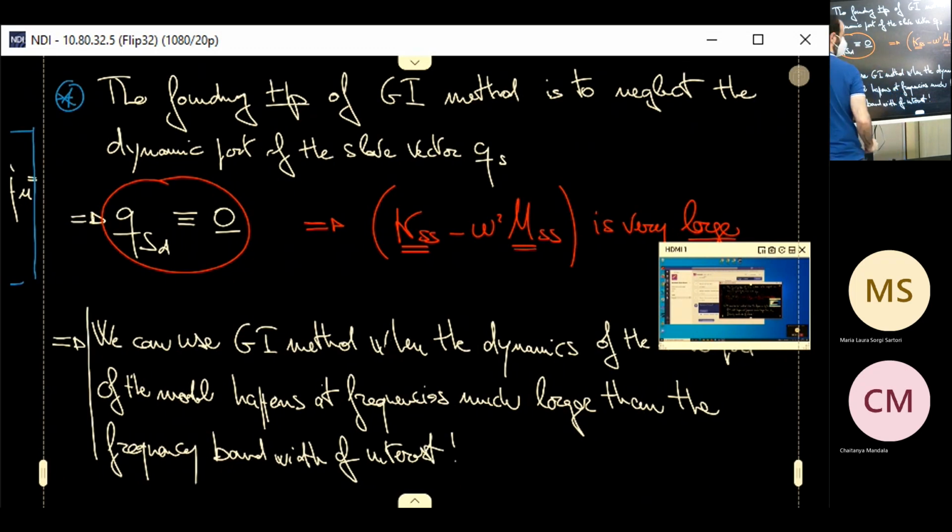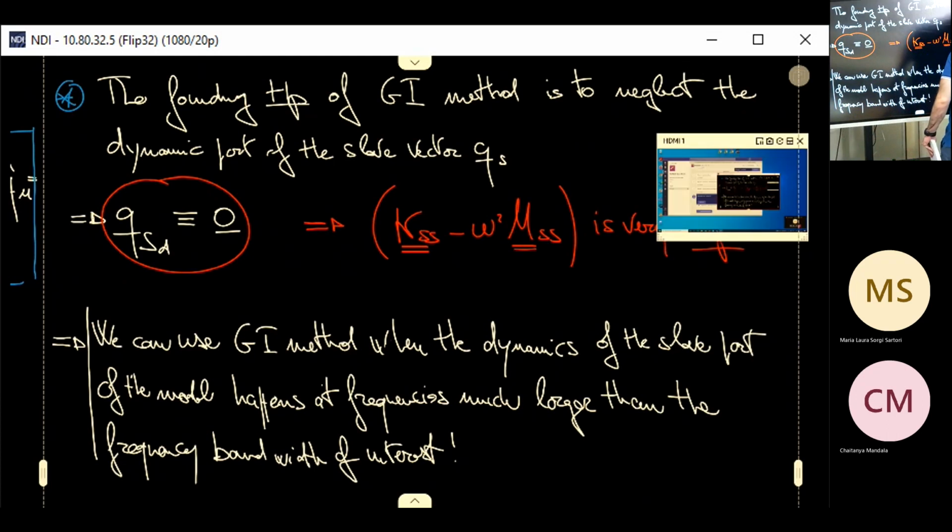Okay, this is when you can use the Guyan-Irons.